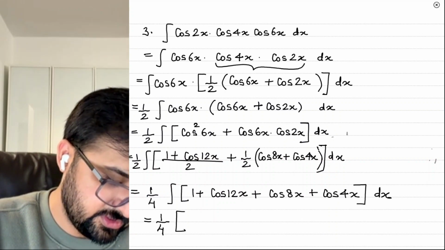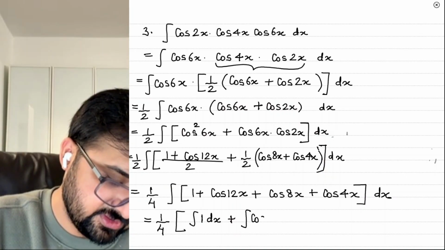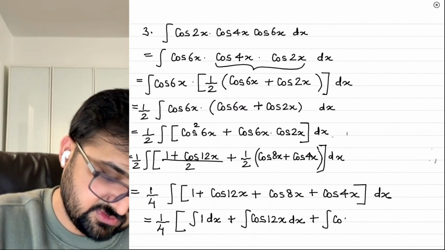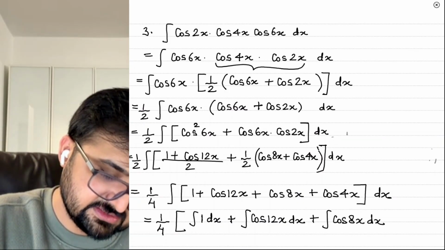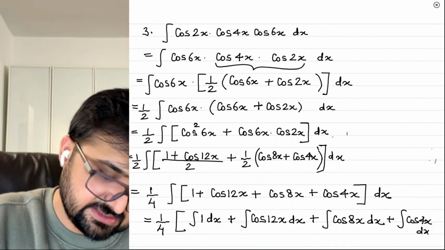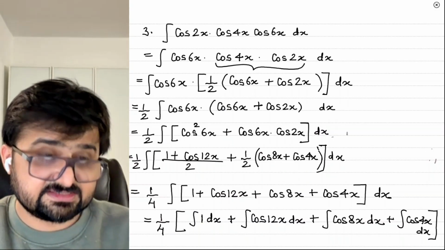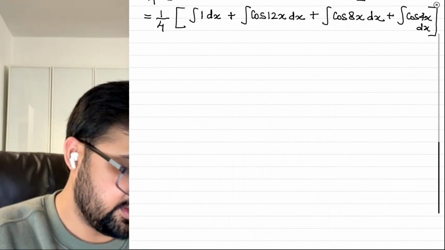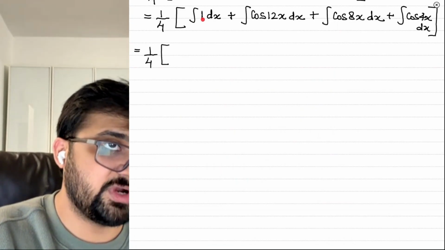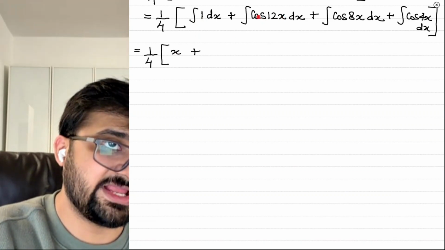1 by 4 integral of 1 dx plus integral of cos 12x dx plus integral of cos 8x dx plus integral of cos 4x dx. Let's close that bracket. That's what I have so far. It's very easy now just to integrate. 1 by 4 integral of 1 dx is x plus integral of cos 12x dx.